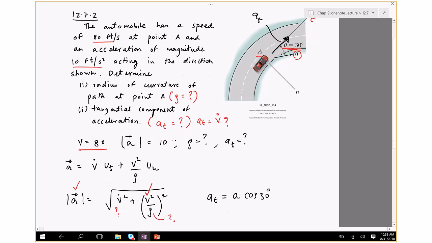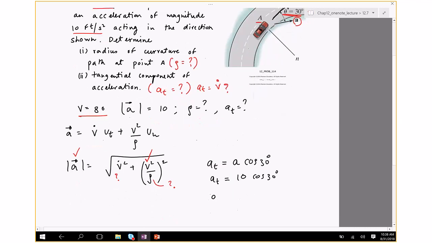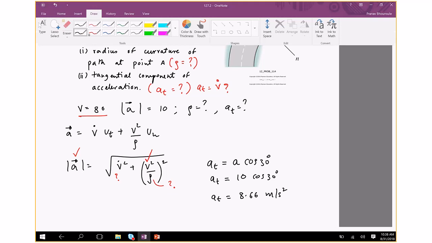So A is given to be 10, and then I need to do cosine of 30 degrees. So AT is 6 point, how much? It will be a little more than that, right? Cosine 30 is 8.66, okay, 8.66 feet per second squared. So that's the answer to part 2.